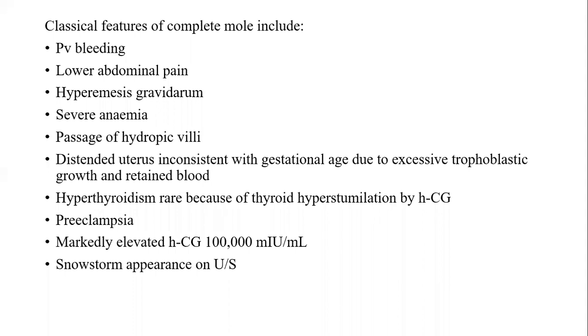The patient may present with a distended uterus inconsistent with the gestational age, hyperthyroidism due to thyroid hyperstimulation by HCG, preeclampsia, and markedly elevated HCG, more than 100,000 milli-international units per ml. Then on ultrasound, we see a snowstorm appearance.